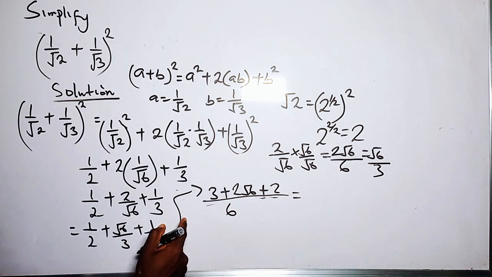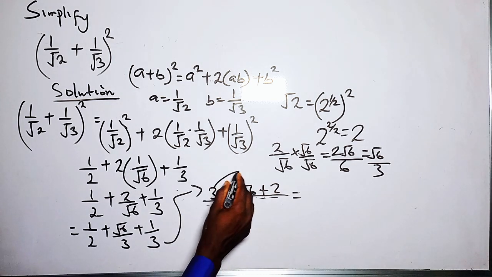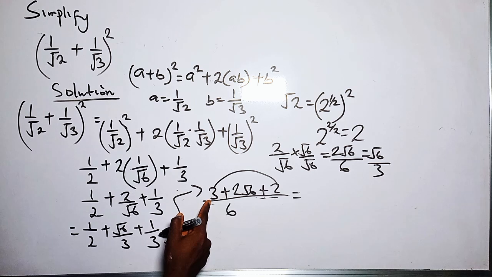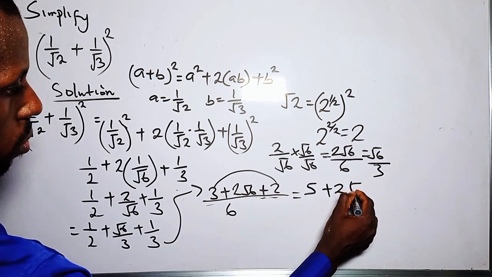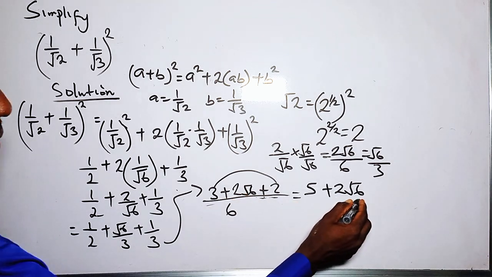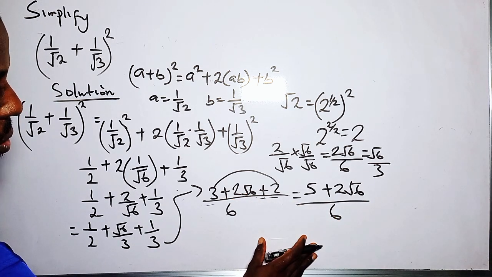So our final result, we add: 3 plus 2 is 5, plus 2 root 6, all divided by 6.